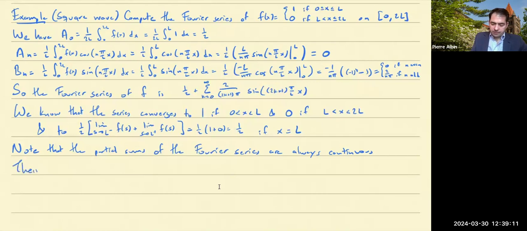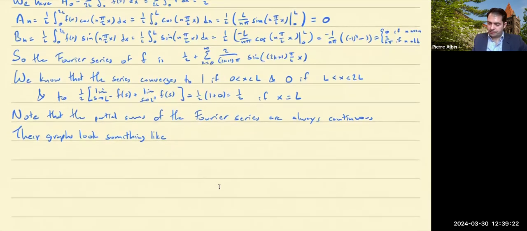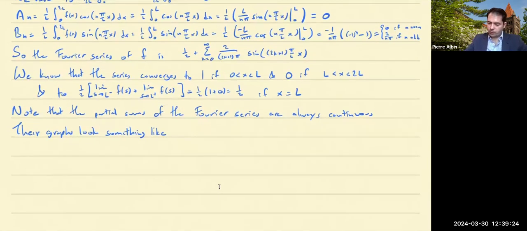Their graphs look something like, okay, so let's say that here's L and here's 2L, and here is the function we started with.